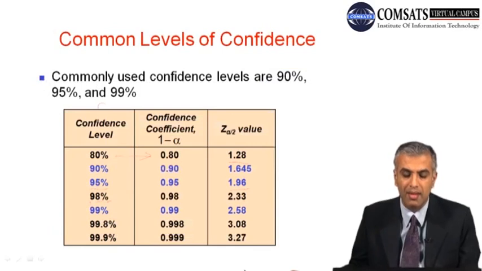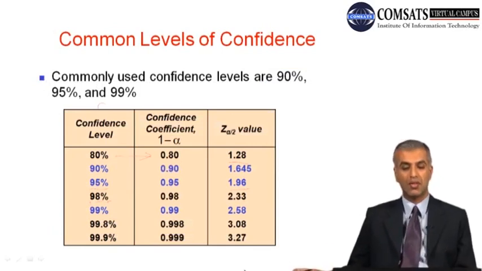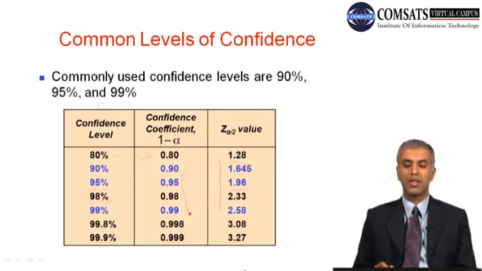Then we discussed the common levels of confidence and the common values of z. The z values and the relevant confidence coefficients are displayed in this table, which makes our interpretation of the situation easier.